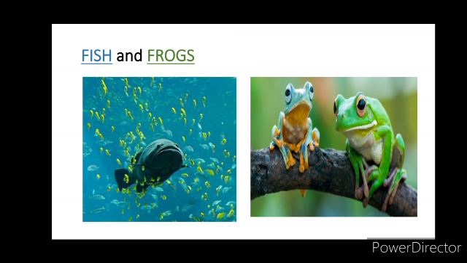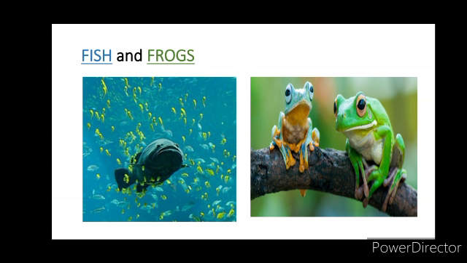We know fish are aquatic animals that live in ponds, rivers, lakes, seas and oceans. They lay hundreds of eggs at one time. Some eggs and baby fish are eaten by bigger fish. The ones that are left grow into adult fish. They breathe through their gills.